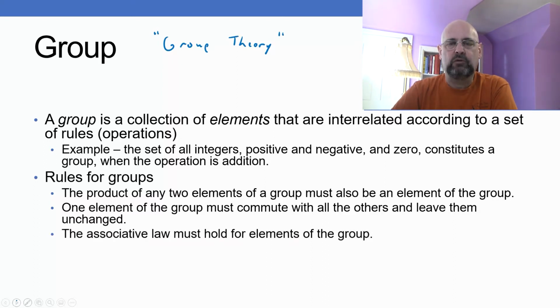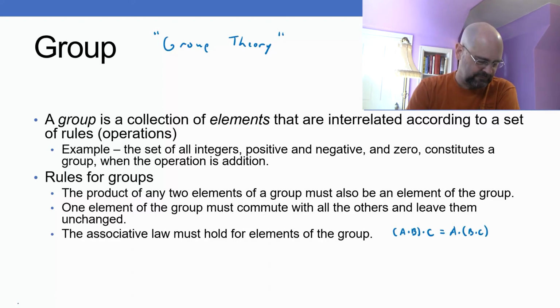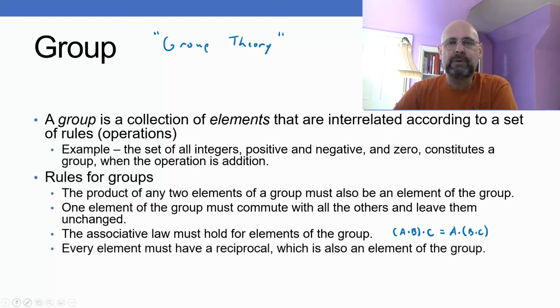Okay, the associative law must hold for elements of the group. That is, it doesn't matter how I group them: A operating on B, then C, must be equal to A operating on B, C. Now, it is not necessarily true that the elements commute. In other words, it is not necessarily true that AB is equal to BA. We've seen that before. Every element must have a reciprocal, which is also an element of the group.